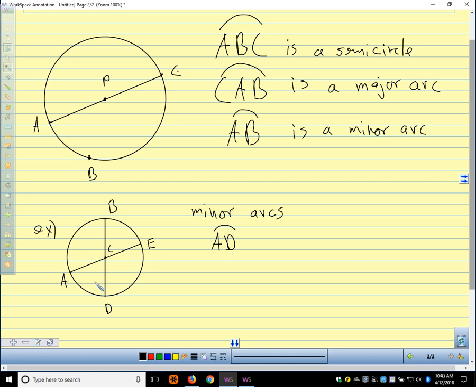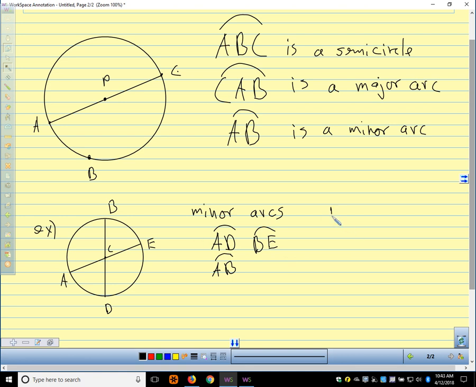Yeah? AB is a minor arc. Smaller than a semicircle, less than half a circle. Let's name one more. Anybody else see a minor arc they want to name? BE is a minor arc. Those are some. We could name a few more.